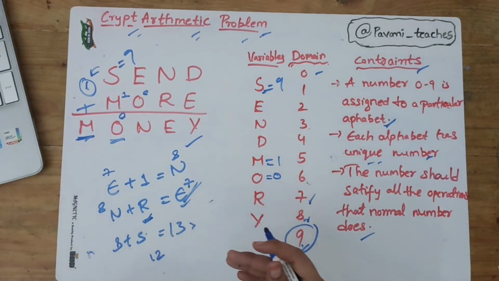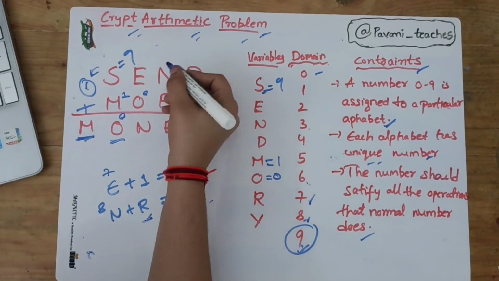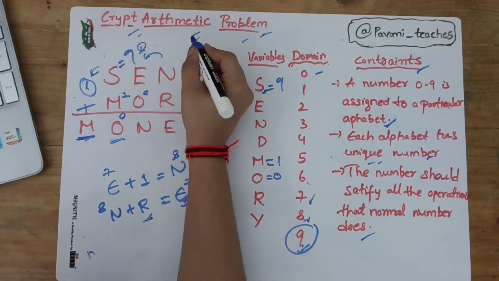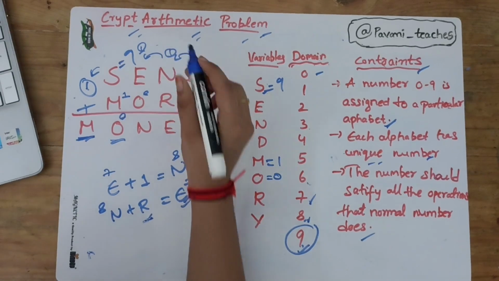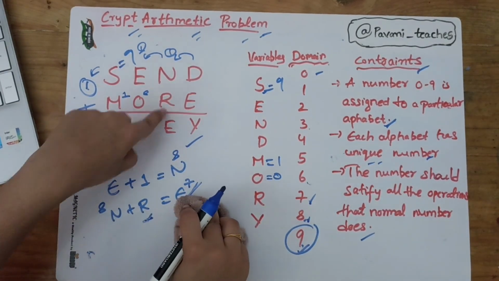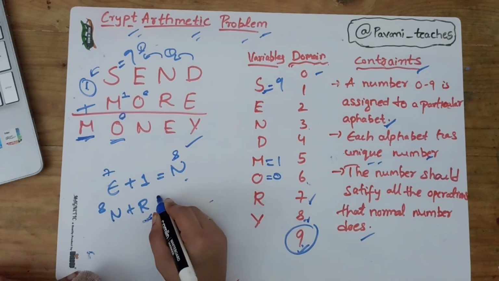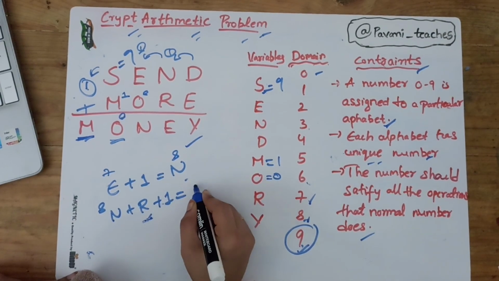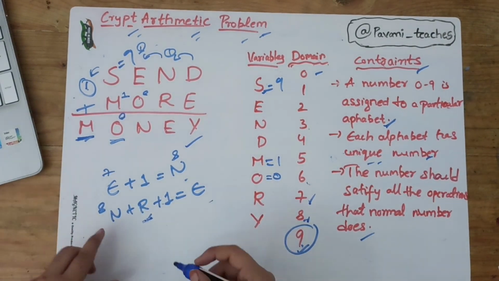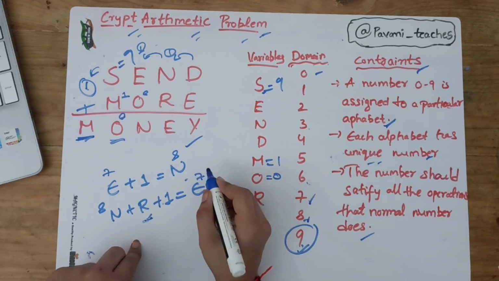We have to check another option, that there is a possibility of carry. That means we have to change this equation to N plus R plus 1 equal to E. As the value of E is 7, I am writing it here.